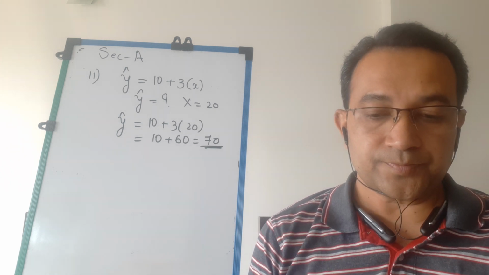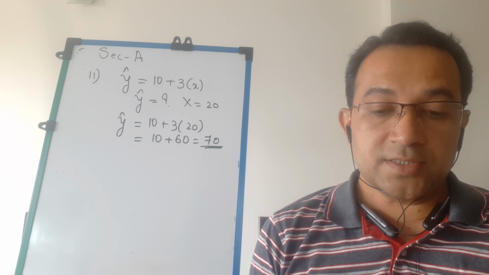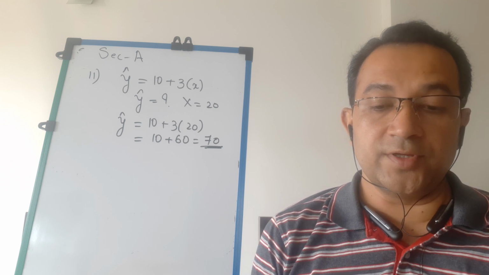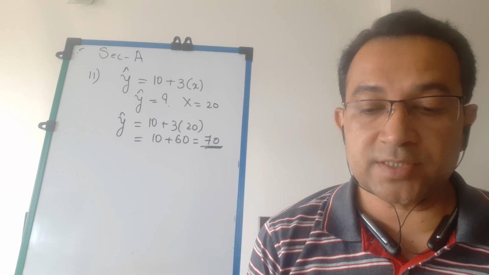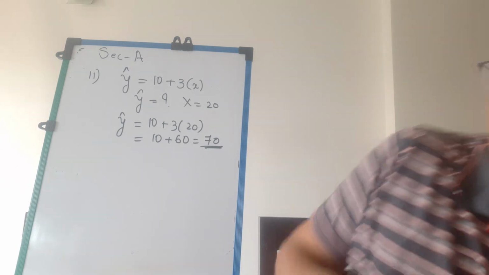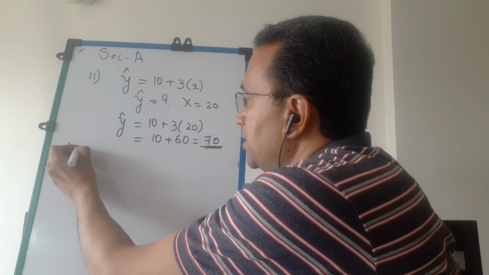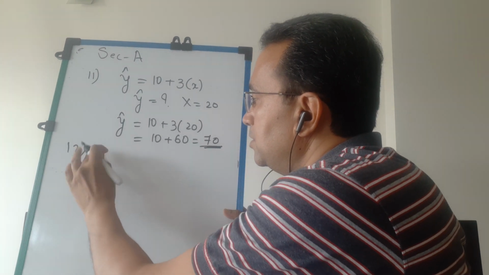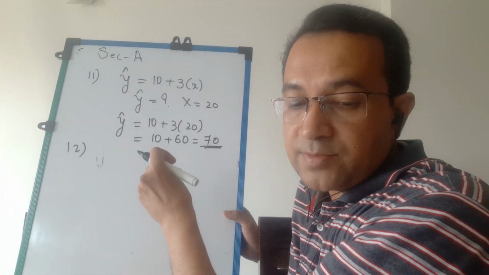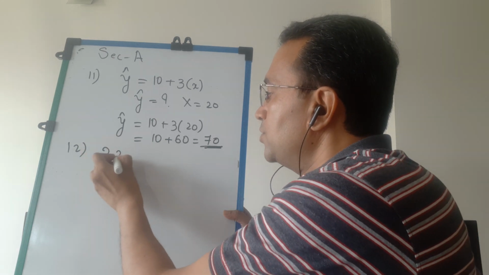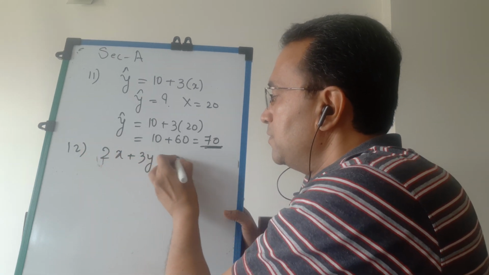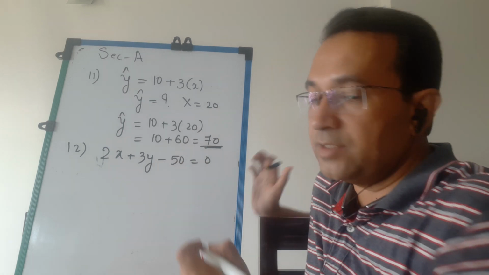Now 12th, what is the value of byx if the regression line is 2x plus 3y minus 50 is equal to 0? Now pay attention. What we have to find is byx. Okay, the line is 2x plus 3y minus 50 is equal to 0.